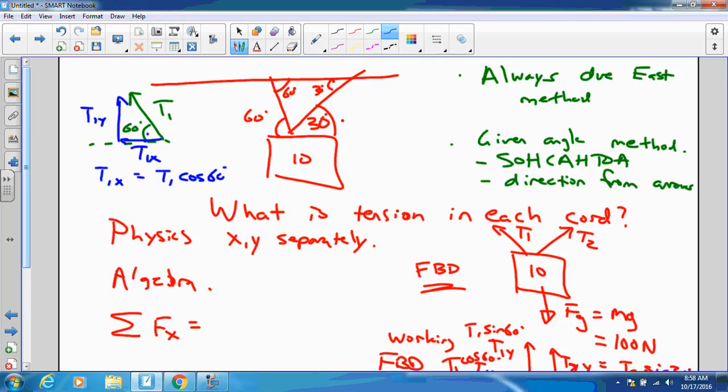And when I put it into the equation, I will recognize that it's pointing west, so I will put it into the equation as a negative quantity. So that's the given angle method.